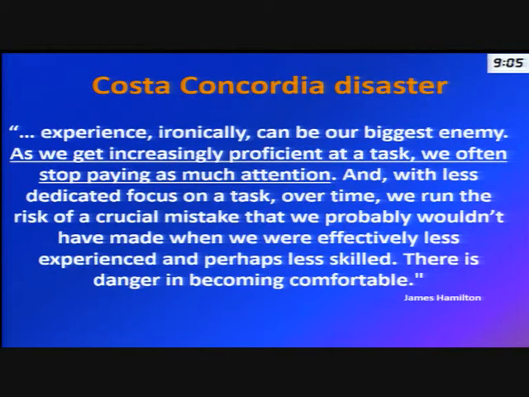This is a danger which involves not only captains of ships, but also medical professionals and clinicians. We tend to become comfortable with what we have been doing for years.